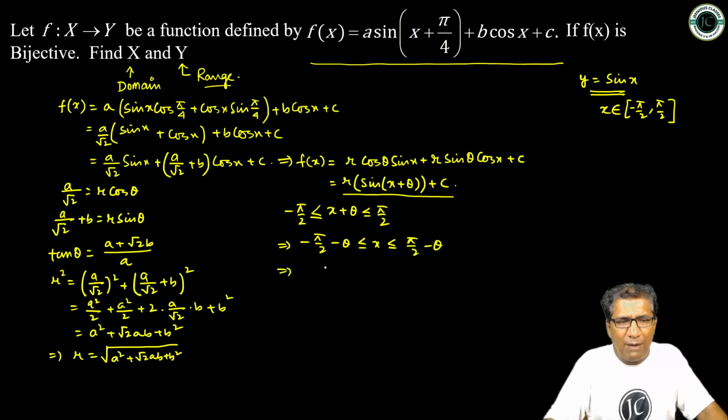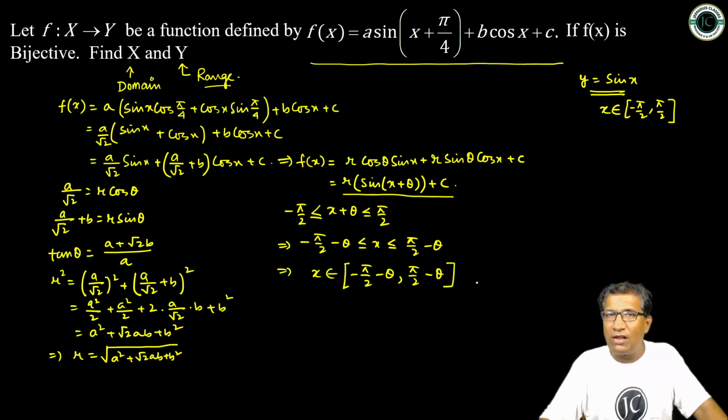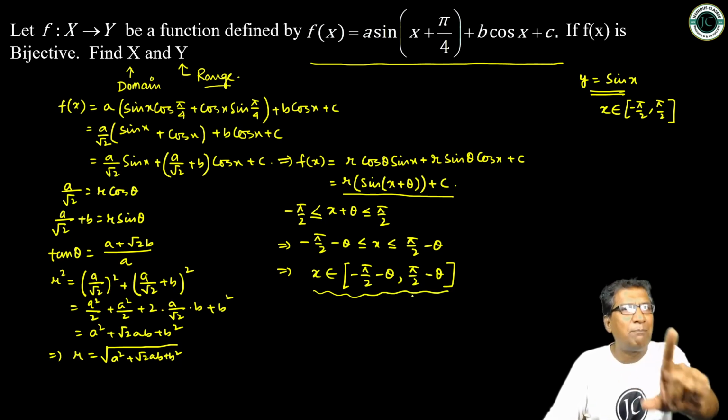That implies your x belongs to the closed interval minus pi by 2 minus theta, pi by 2 minus theta. Is it clear? Is it clear to all of you? So this is actually the domain for this function to make it a bijective one.